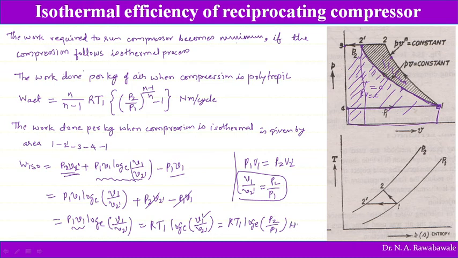Again, this is Newton meter per cycle. So there are many equations. Isothermal work can be given by the first combination, second combination or third combination, any one.